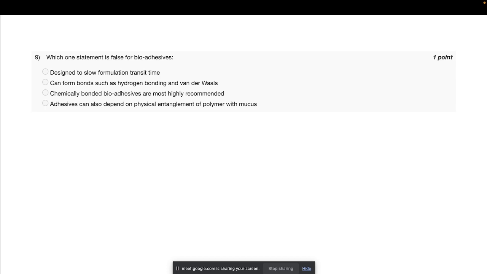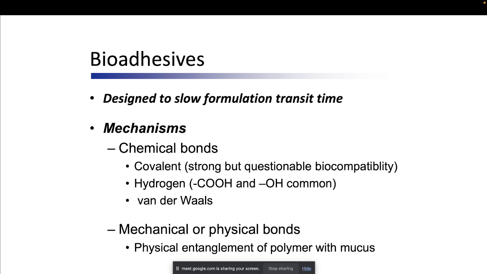Next was, which one statement is false for bioadhesives? The answer was chemically bonded bioadhesives are most highly recommended, which is actually false, because bioadhesives are again a layer of polymer over your drug, which you use to retain the drug in specific parts of the body. Like if you are given the drug orally and you want that drug to be retained in the upper intestinal tract, then to slow down the drug getting flushed out very easily, you use bioadhesives.